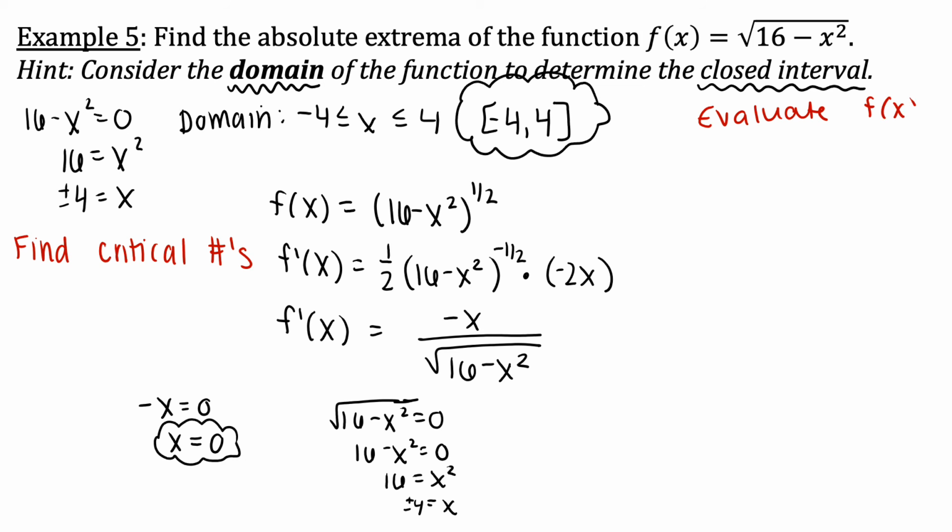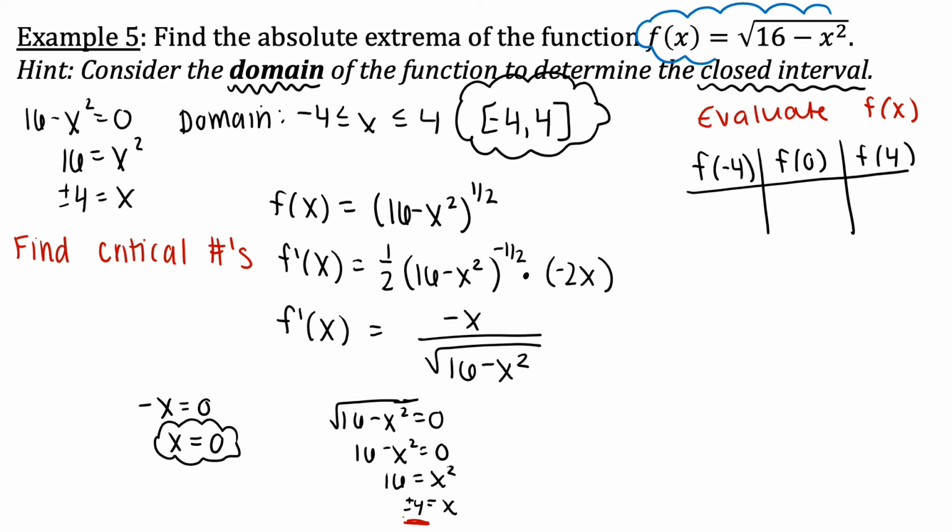So when we go to evaluate, in step 2, our function at our critical numbers and our endpoints, these critical numbers are the same as the endpoints, so we really only have to evaluate at 3 locations: negative 4, 0, and 4, plugging into our original function, the square root of 16 minus x squared.